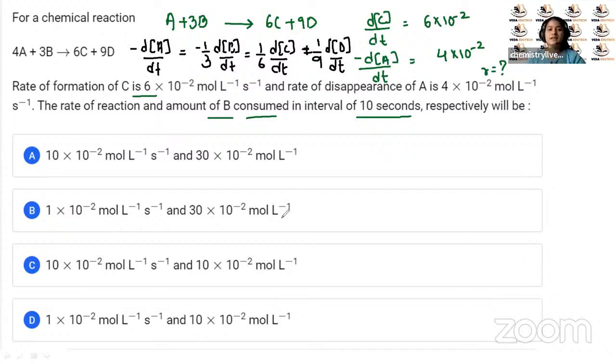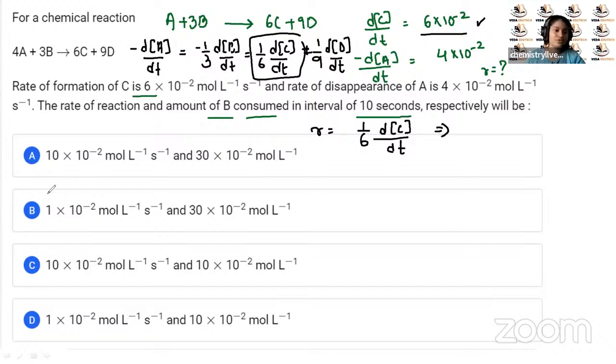Now it is asking us about the rate of reaction. So we know that the rate of reaction is nothing but 1/6 of dC by dt. We are given dC by dt, so can we find out the rate of reaction? So R will be 1/6 of dC by dt.